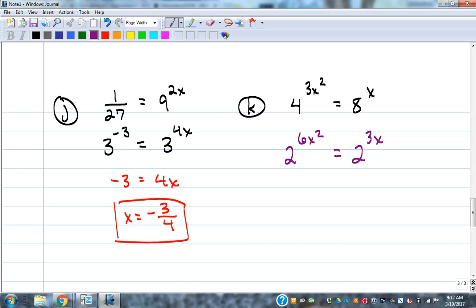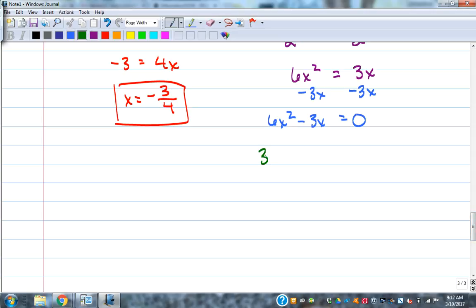All right, so now we got that. So we set 6x squared equal to 3x. How do we have to solve this? Get it equal to 0 first, because it's got an exponent on it. So that's 6x squared minus 3x equals 0.